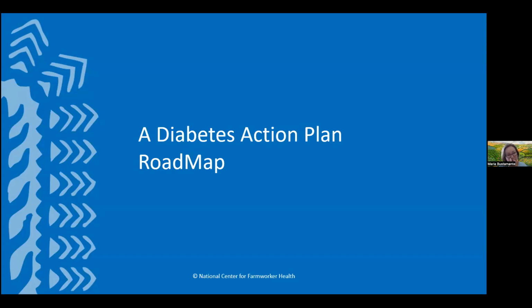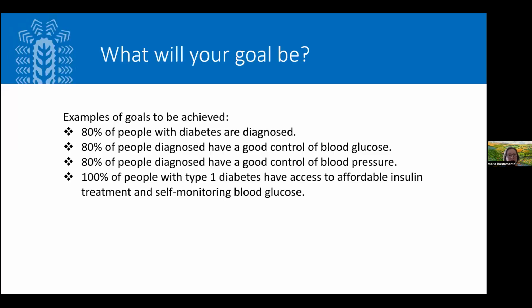Going back to the presentation, we have a diabetes action plan roadmap. Why do we start with this? We all work in diabetes, and we all work on different things. We have to make our work, as I said at the beginning, we have to work smart.